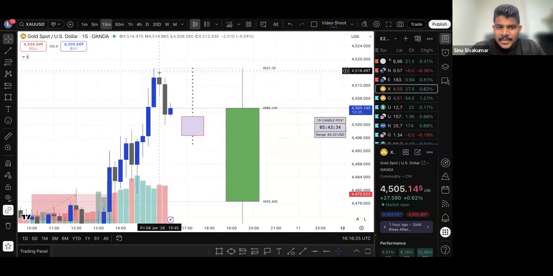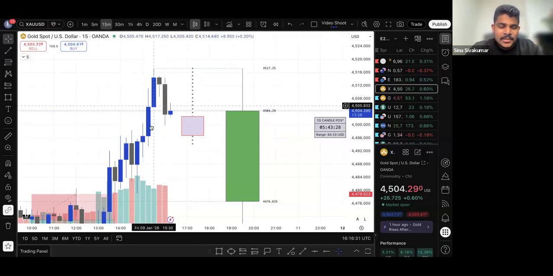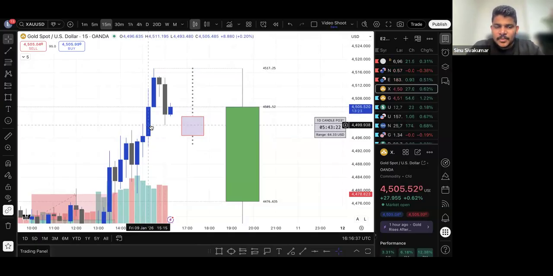What I'm trying to say is, if you understand the psychology behind this simple candlestick analogy, then whatever tools you use, moving averages, RSI, Bollinger Bands, stochastics, SMC, ICT, or turtle soup, any strategy comes with a basic question of who is in control.